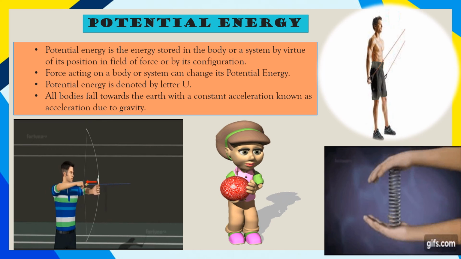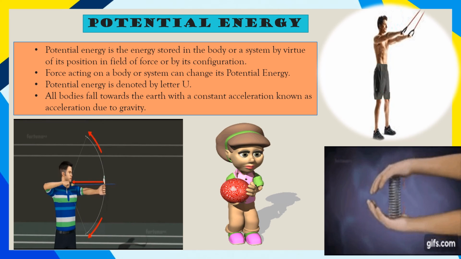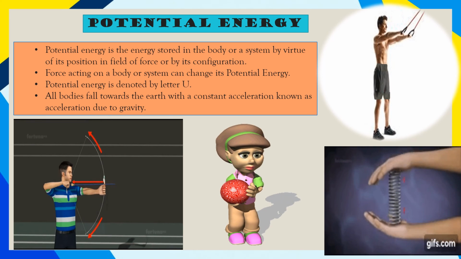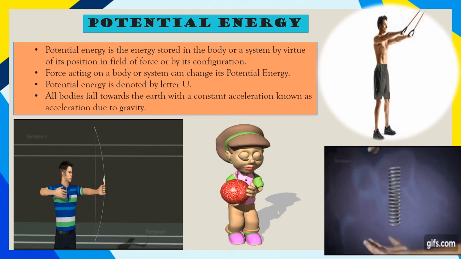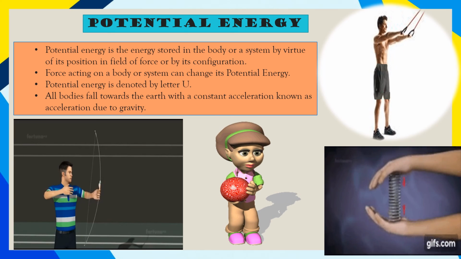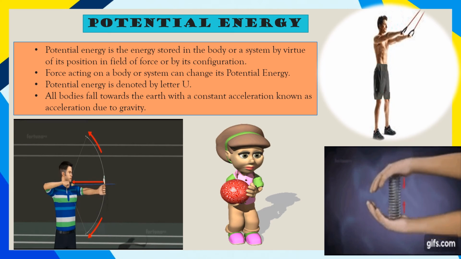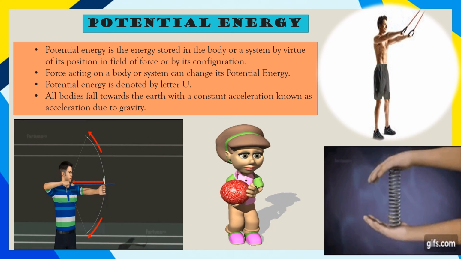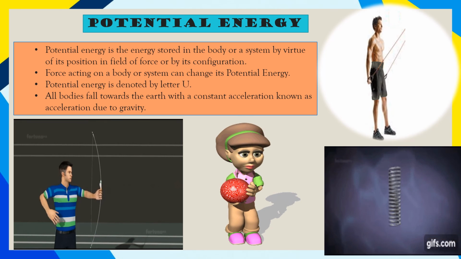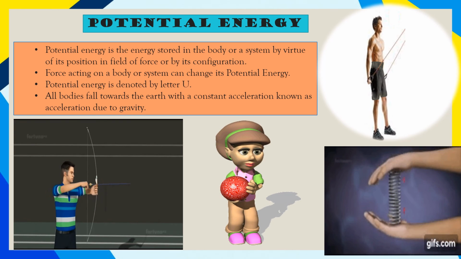So if this girl is holding this ball in her hand, that ball possesses potential energy, because it is against the gravitational force, right? It is not on the floor, it is in her hand. So there is a force which is acting on the ball also, even though it is not moving.